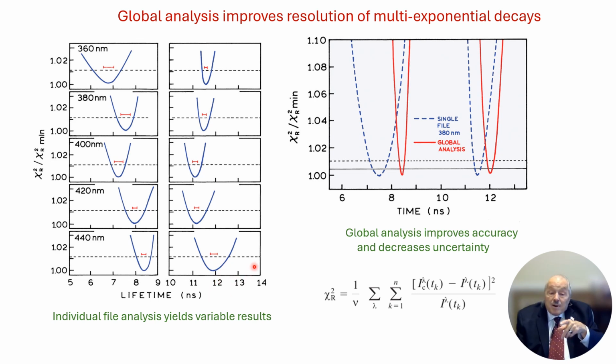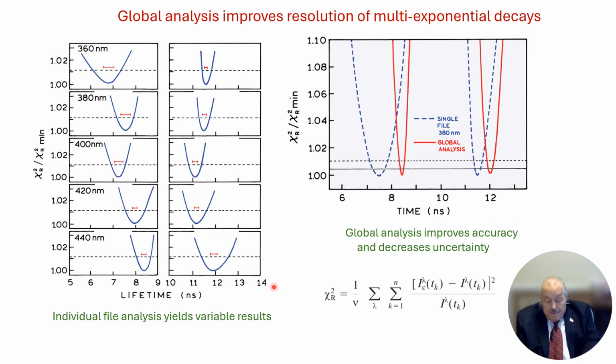The chi-squared surface is, to my mind, the absolute best way to know the uncertainty in your measurements, because you can use the F statistics, and they can tell you how much the chi-squared can increase before you have to say, no, the data are inconsistent with that.